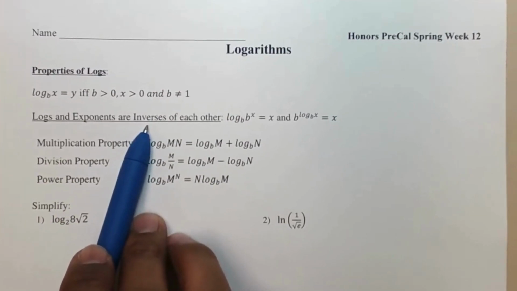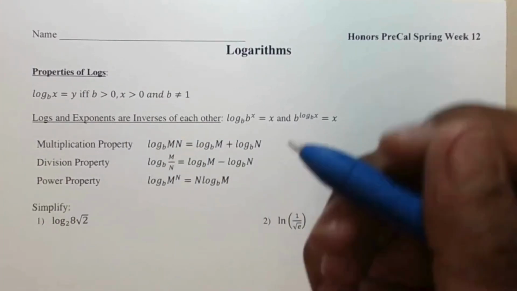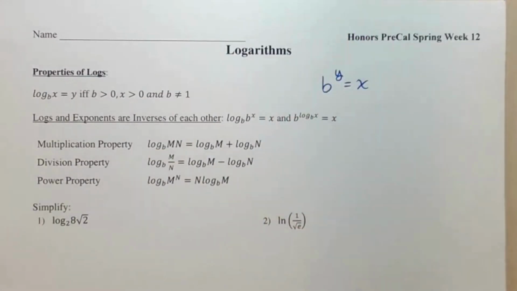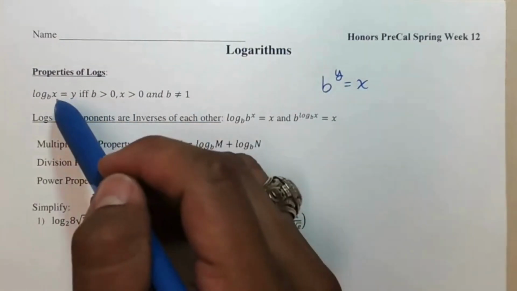So in order to solve an exponential problem, like b to the y equals x, if we're solving this for y, we use logarithms.